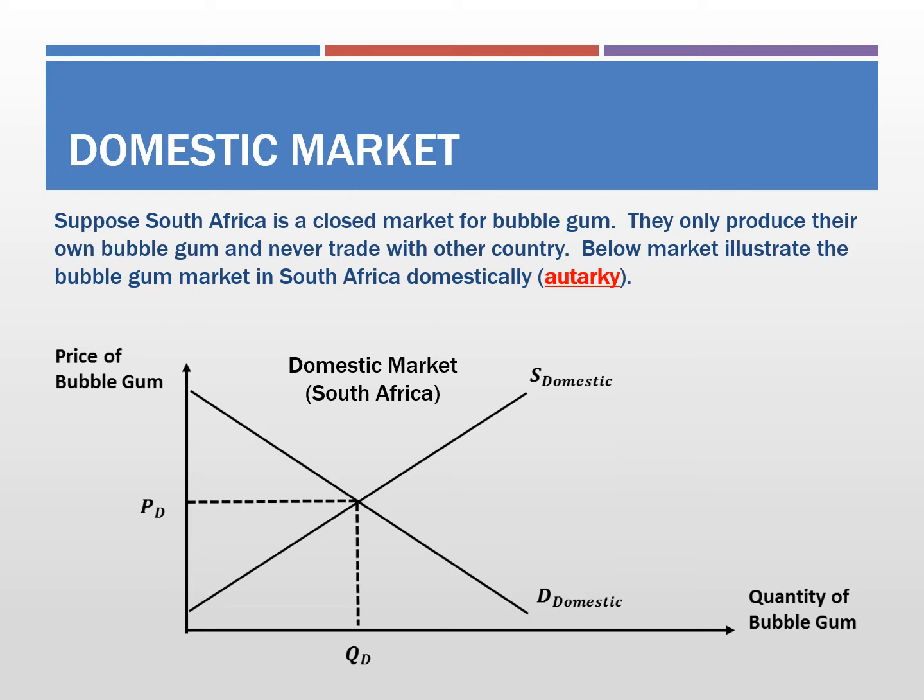We would like to know, what if South Africa actually opens up the economy and starts making trades with the other parts of the world? Again, the domestic surplus can be calculated by the two triangles here, the consumer surplus and producer surplus triangles in the domestic market in the closed economy, or autarky, case.